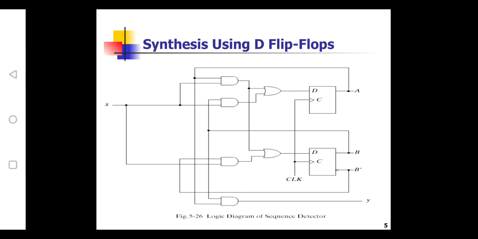Whereas in an asynchronous circuit, as the output of one is given as the clock for the next one, it will take some time to get the final output. So synchronous circuits are faster when compared to asynchronous counters.